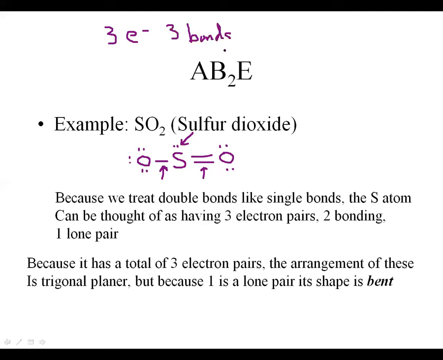In terms of those names, the electron pair geometry name here will still be trigonal planar. The reason is just like before: it still has 3 electron pairs total around the central atom, so the electron pair geometry name doesn't change.